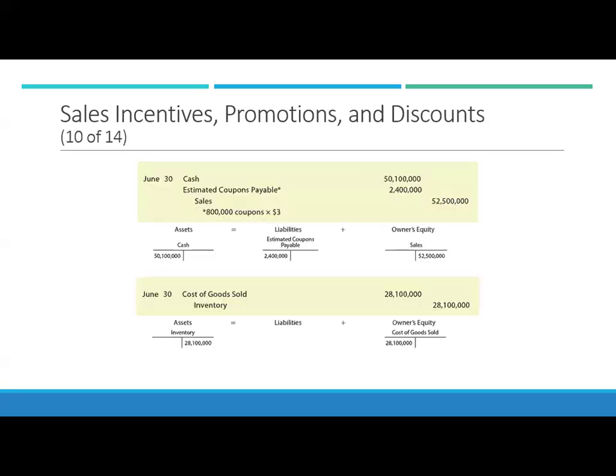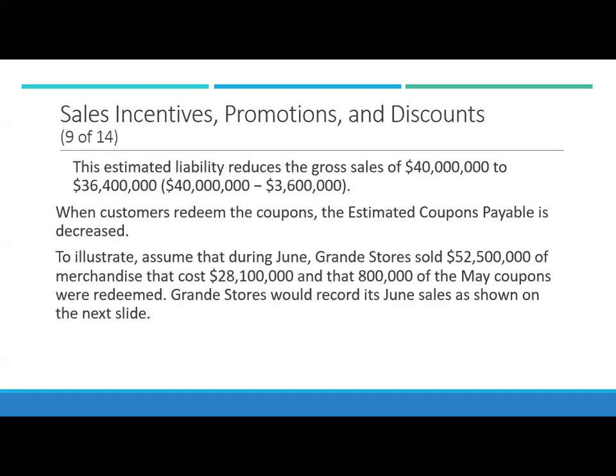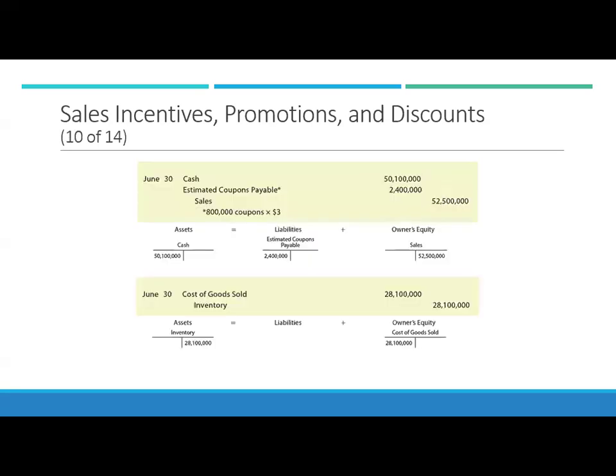So the journal entry to record this is the sale, right? The gross amount of the sale is 52 million, but they used 800,000 in coupons. 800,000 times $3 a coupon is $2.4 million in coupons. And that reduces the cash that we receive from the customers. But this sale is not reduced because we took the hit to revenue back in May.